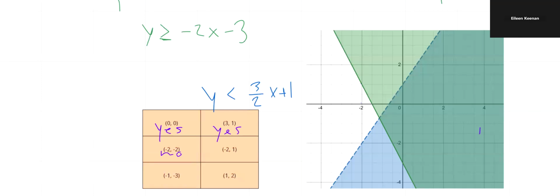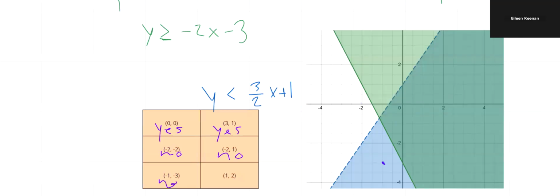Nope. Also not even in that shaded region. So also no. And then what about -1, -3 down here? Nope. That's in the blue one, but not the overlapping. So no.